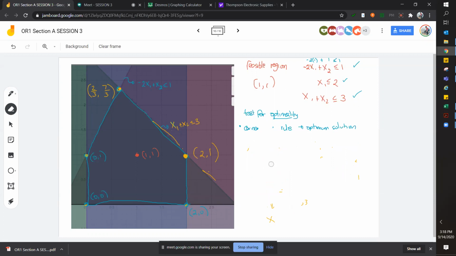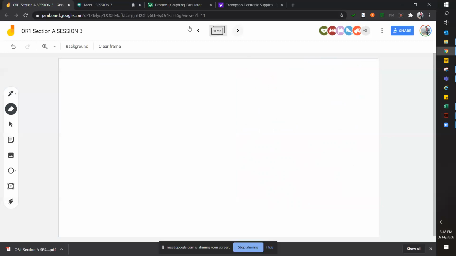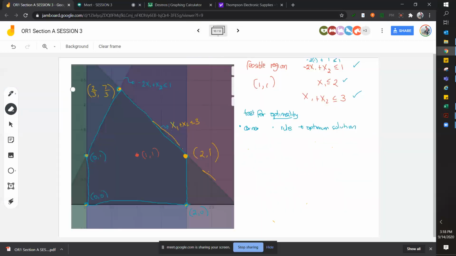Okay. Now, sa corner point rule, syempre, para siyang yung laban ng pataasan. Ano ba yung pinaka-objective mo? Balikan natin. Ang objective, Z, 3, 2. Okay. Ang objective natin is maximize Z is equal to 3x1 plus 2x2.